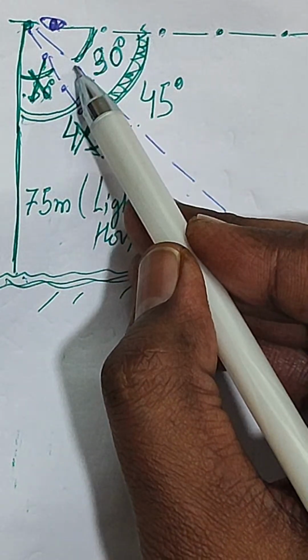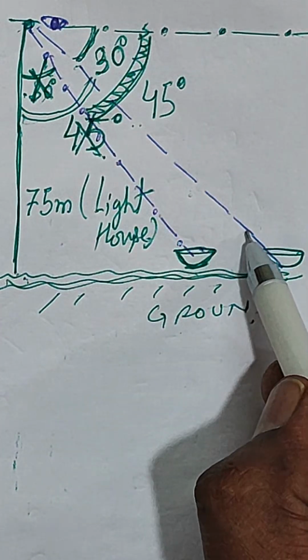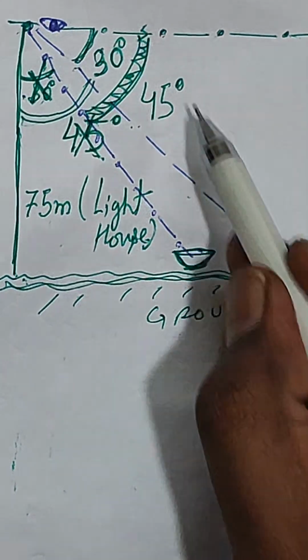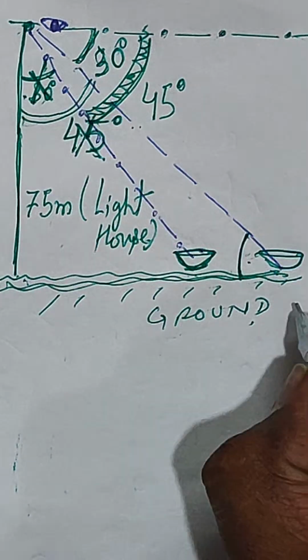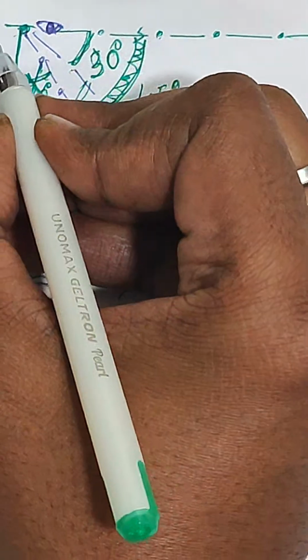So if this is 30 degree and this line is parallel to the ground, then definitely this angle will be the alternate angle. You can see this is the transversal. Which is the transversal? Let me write it. LP.